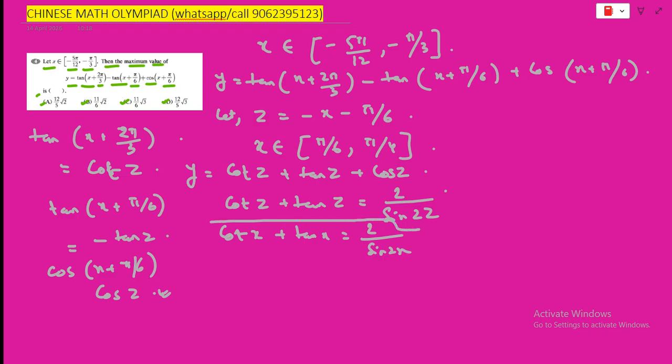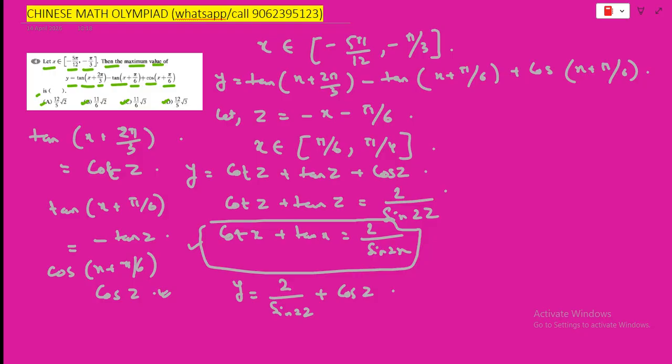Always remember this. Okay. Now this becomes what? y = 2/sin 2z + cos z, right? So if you remember the identities like this, you don't solve the problems, you destroy them.